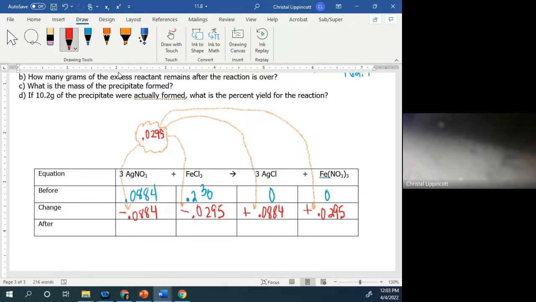I will then go through and I will subtract what remains. So here, this ends up being 0. This, 3 minus, ends up being 0.201. And then I will form these amounts. Any questions on where I got any of those numbers from?